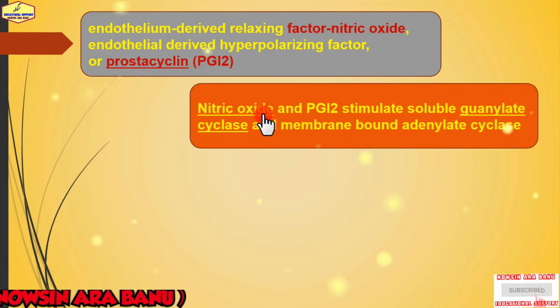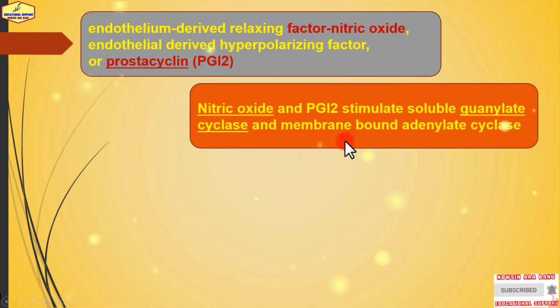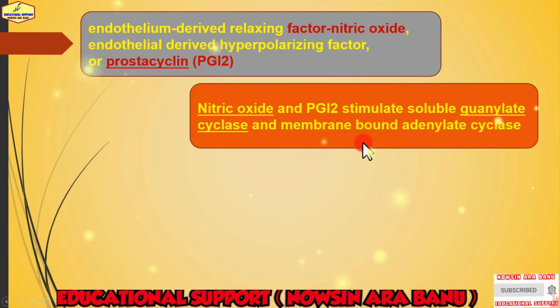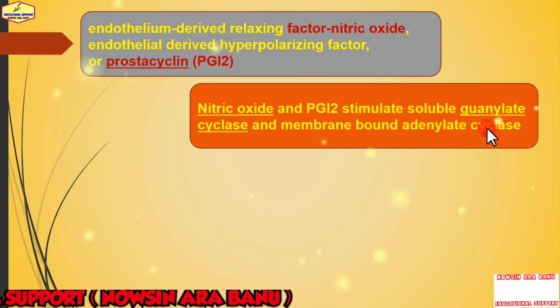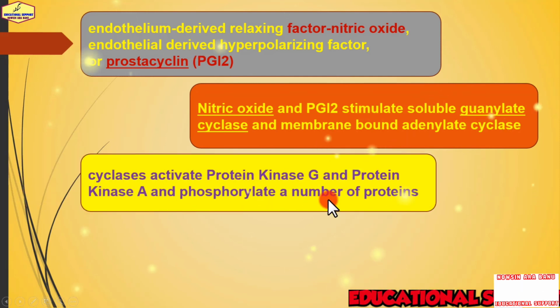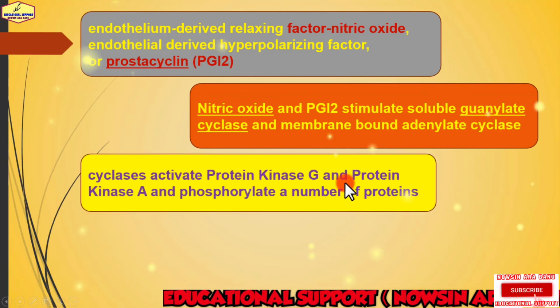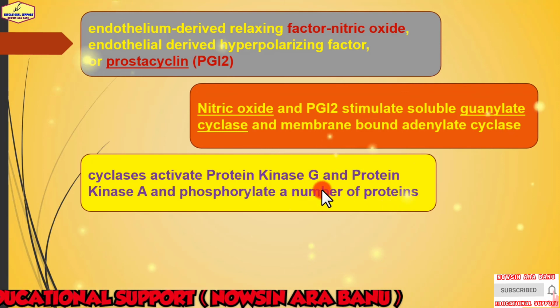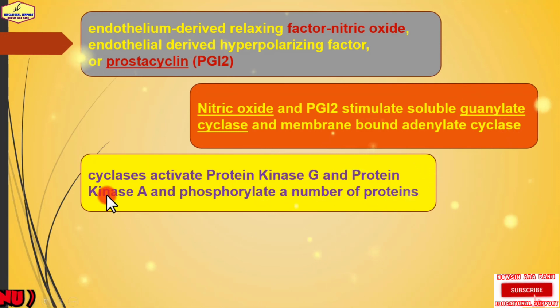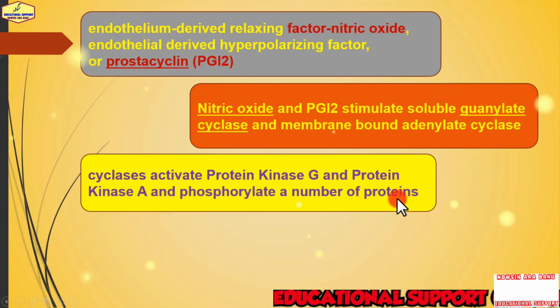Nitric oxide and prostacyclins stimulate soluble guanylate cyclase and membrane-bound adenylate cyclase. The cyclic nucleotides cGMP and cAMP produced by these cyclases activate protein kinase G and protein kinase A, which phosphorylate a number of proteins.